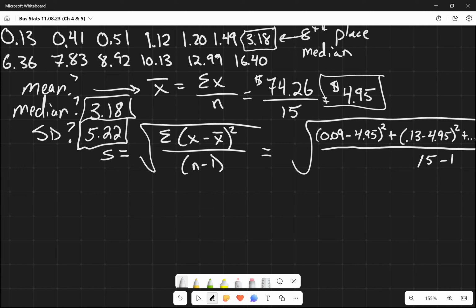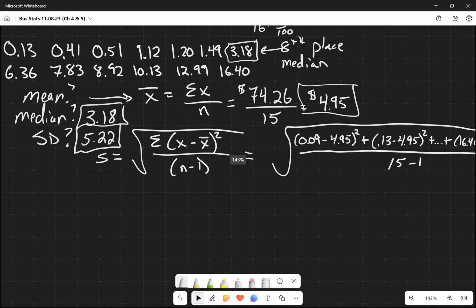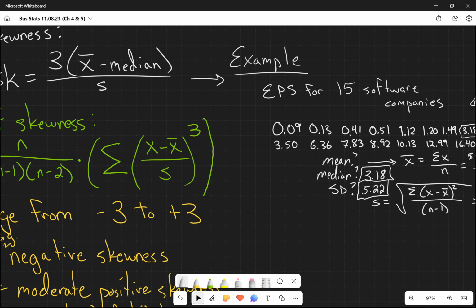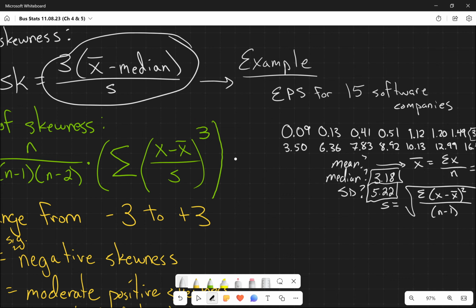So the average is 4.95, the median is 3.18, the standard deviation is 5.22. Given all this information, now we can plug it into our formula and get our Pearson coefficient of skewness.